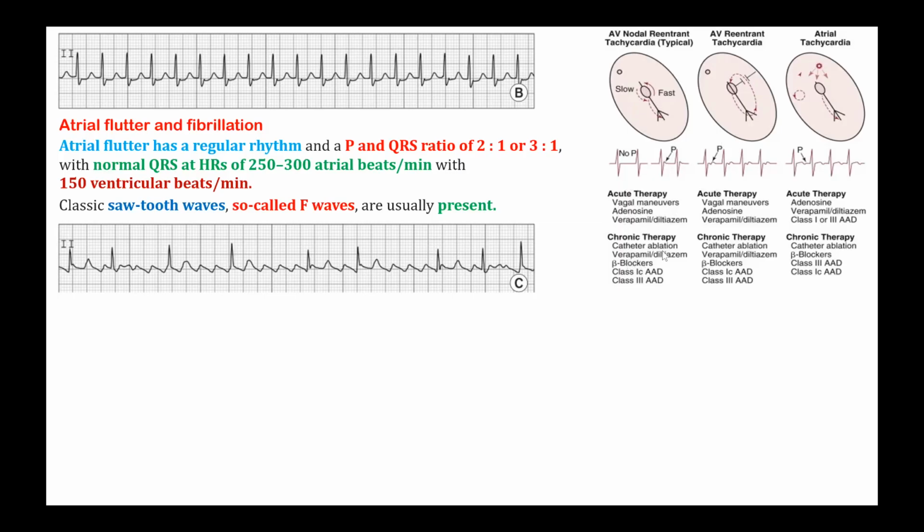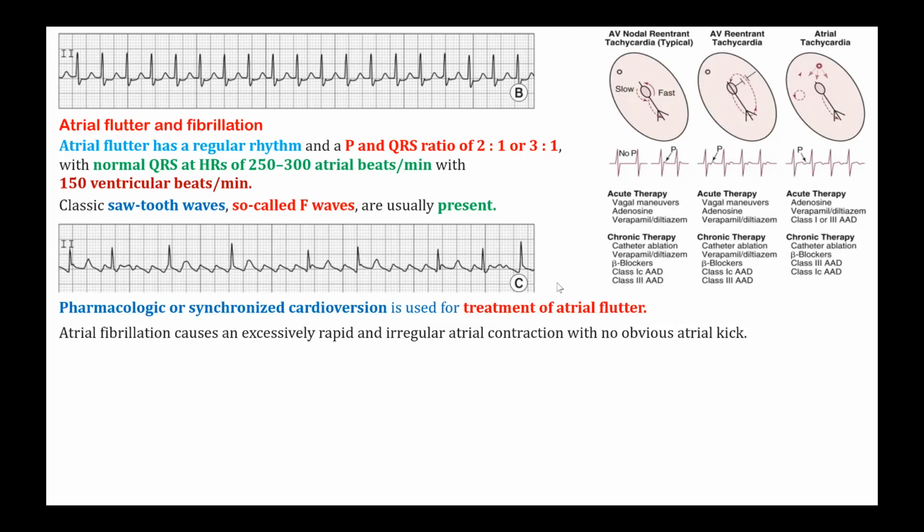Chronic therapy is catheter ablation or continuation of verapamil and beta blockers. For re-entrant tachycardia, these are the treatments and the basic chronic treatment. Pharmacological or synchronized cardioversion is indicated for treatment of atrial flutter if the pharmacological methods are not effective.